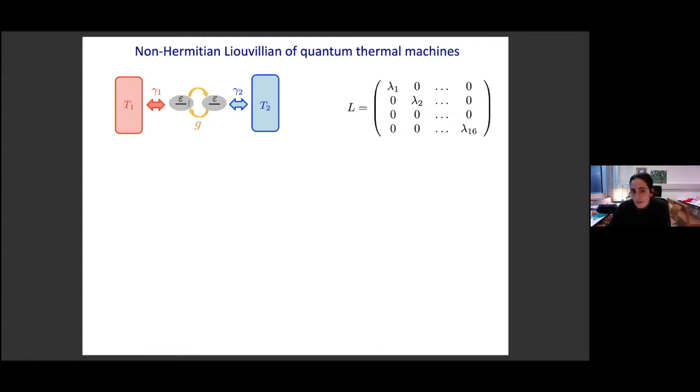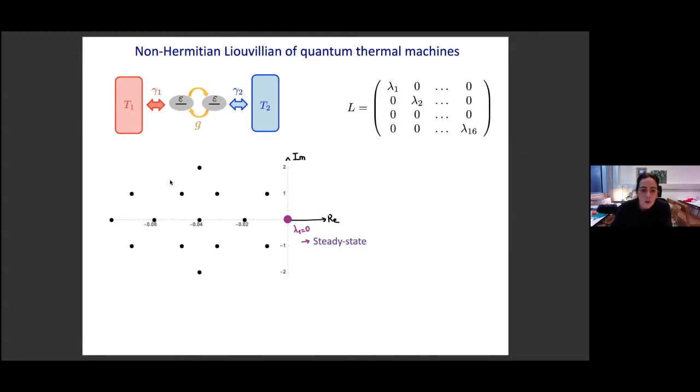We have 2 qubits, so the density operator, just for the dimension, is a 4x4 matrix in the computational basis. To write the Liouvillian as a matrix, this super operator, you have to vectorize your density operator. In general, the Liouvillian has a dimension n squared if n is the dimension of your density operator. So here it is a 16 by 16 matrix, and we could diagonalize it.